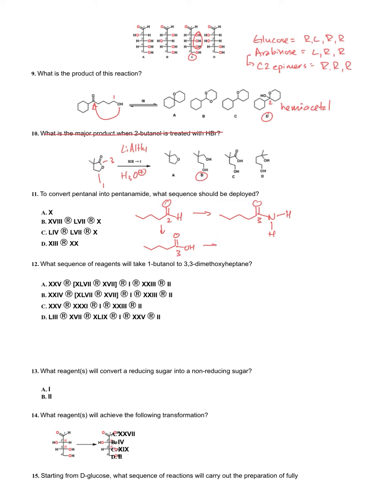Need to convert that into the acid chloride, maintaining oxidation state 3, and then we treat with sodium amide and ammonia. And so for 11, we end up with C as the correct response. These symbols here didn't translate in the PDF. They should be arrows. That's what those mean.